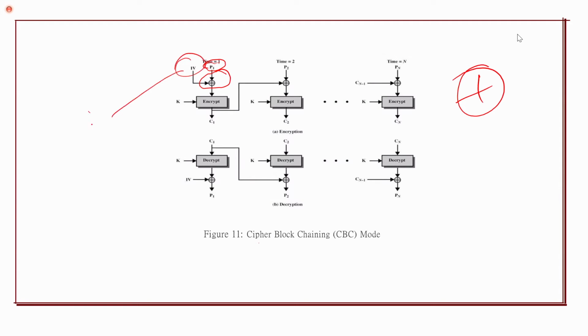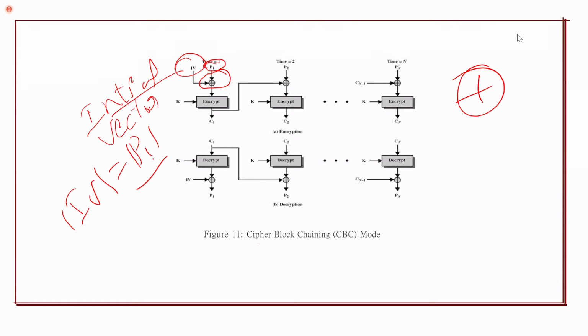The size of the initial vector is the same as the plaintext block, so if the plaintext is 64-bit, the initial vector is also 64-bit. Whatever result comes from the XOR operation is encrypted using the key, and then ciphertext is generated.